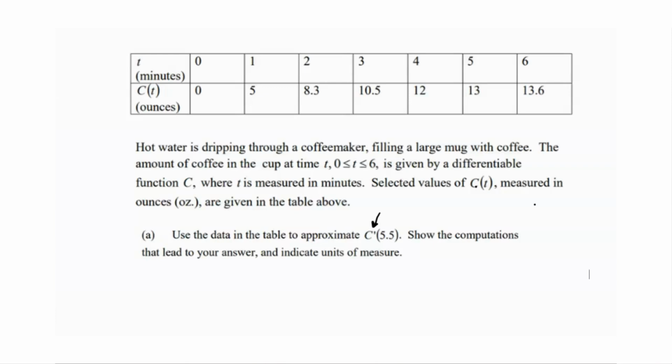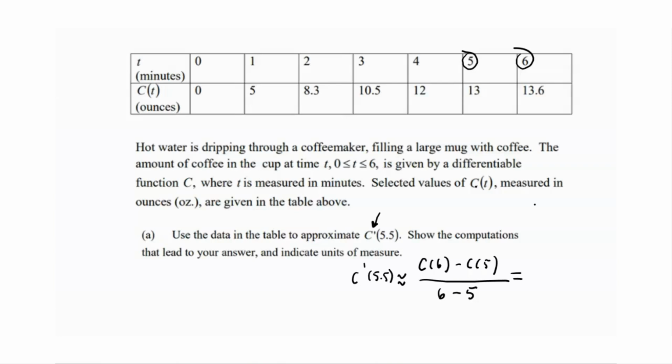So what I want to do is go to between 5 and 6, and calculate the average rate of change. So if I went c of 6 minus c of 5, divided by 6 minus 5, this is going to be an approximation of c prime of 5.5.